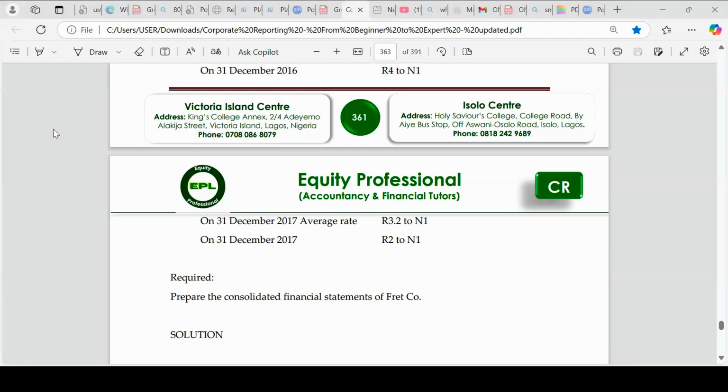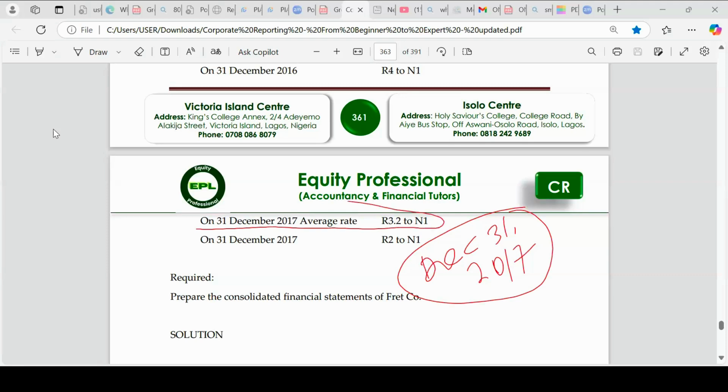According to the question, it is 31st December 2017. So when I'm translating my SOFP figures, I am translating them using the close rate of this date. When I am translating my SOPL and OCI figures, I'll be using the average rate for this year, which is what we have here. And this is the close rate.